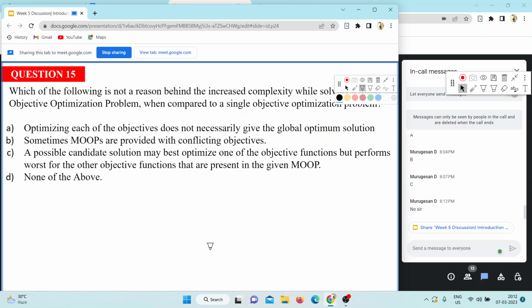Okay, so as we are not getting any guesses, let's see. Here it has been asked which is not a reason behind increased complexity while solving multi-objective optimization compared to single objective optimization. Option A: optimizing each of the objectives does not necessarily give the global optimum solution.